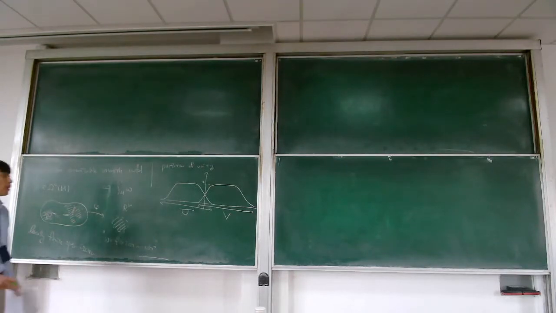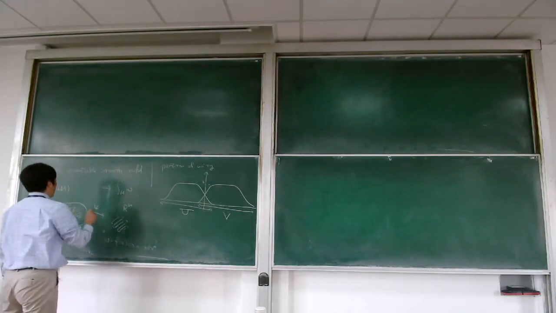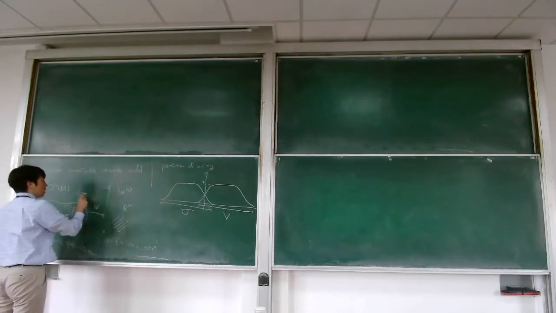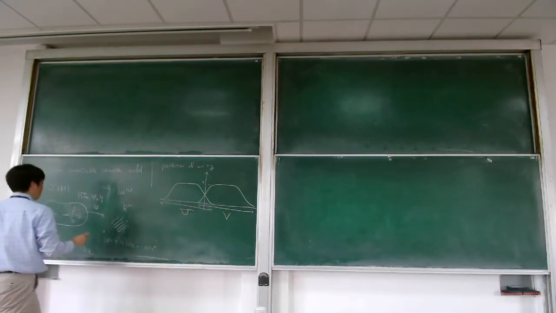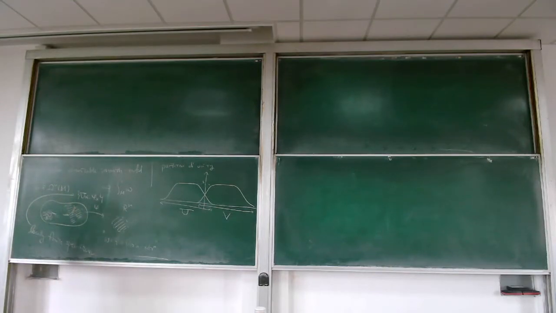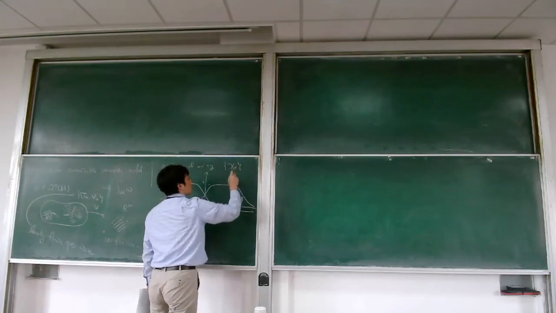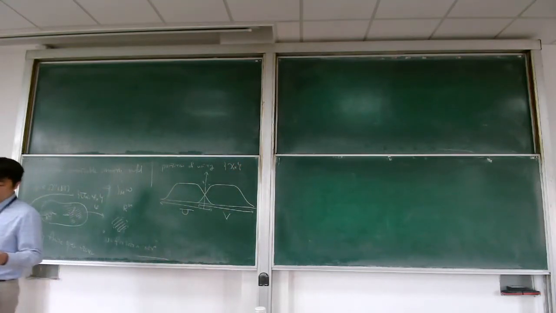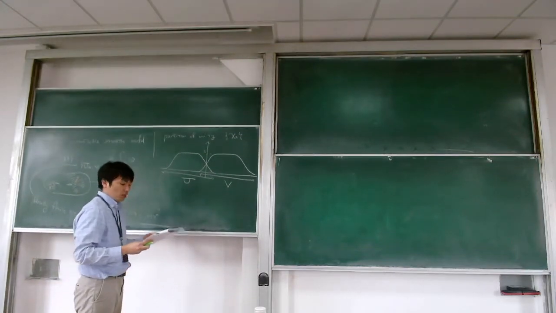So given an atlas U alpha and phi alpha, and this is a locally finite open cover, one can construct the partition of unity whose summation is equal to 1.